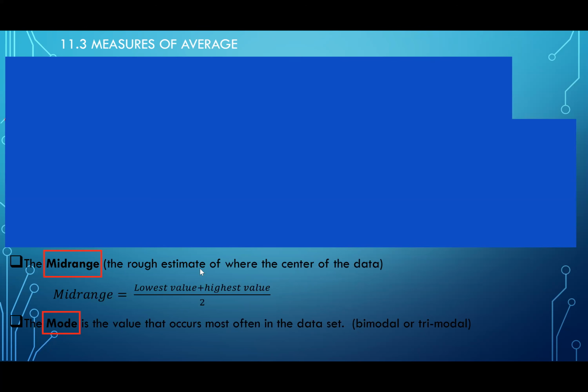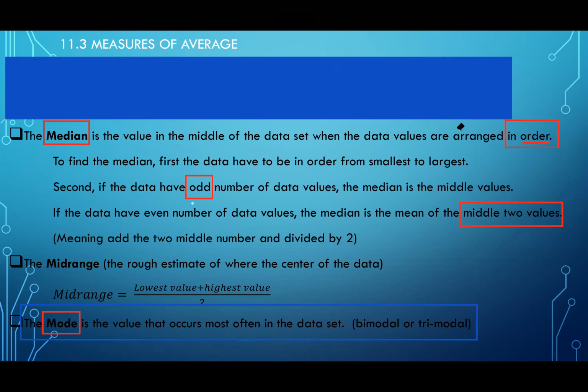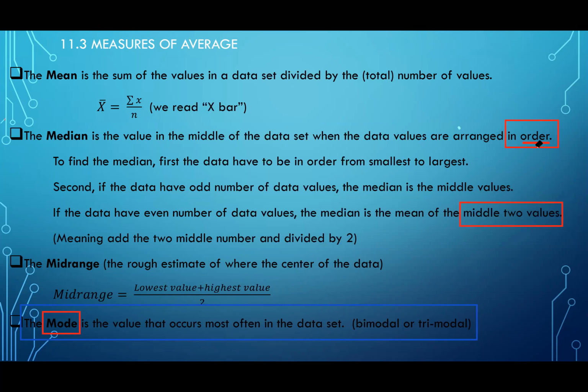And again, for the mode, there's no calculation involved. All you need to do is look at your data and ask yourself, does any data appear the most times? Whatever appears the most times will be your mode.